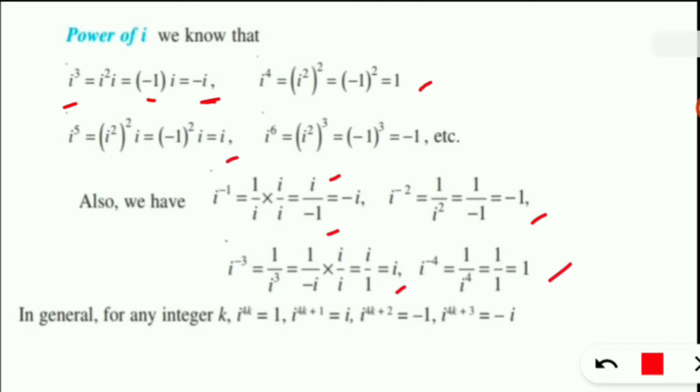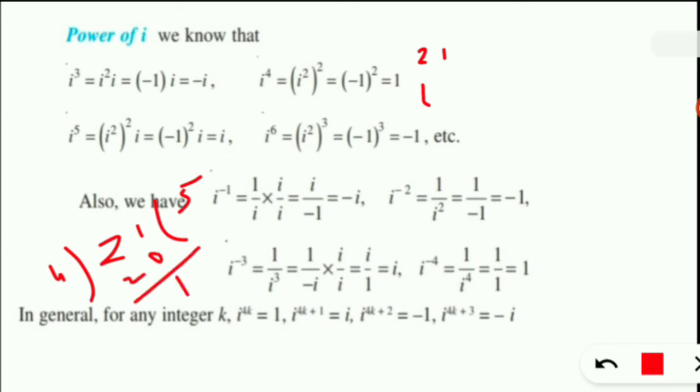Is it clear? Or you can remember this result: i to the power 4k equals 1, i to the power 4k plus 1 equals i, i to the power 4k plus 2 equals minus 1, and i to the power 4k plus 3 equals minus i.